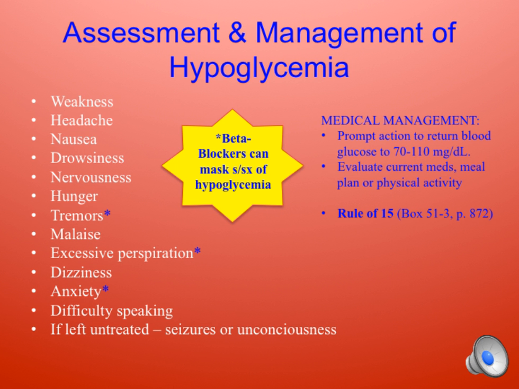They can hide the tremors, they can hide the excessive perspiration, a little bit of the anxiety. Sometimes some patients might get a little tachycardic when they're hypoglycemic, and so of course if they're on a beta blocker, that's going to mask all those signs. So it's just something to be aware of.